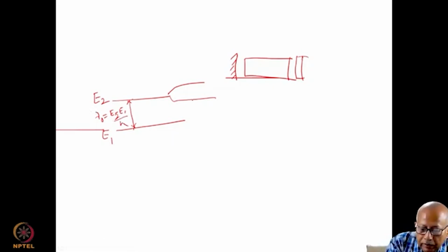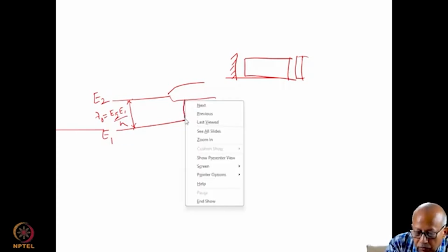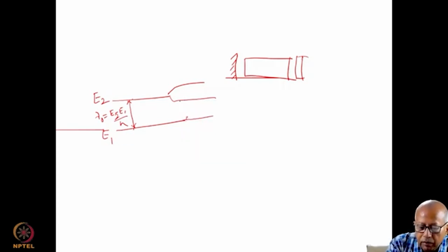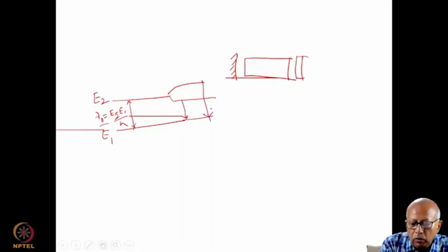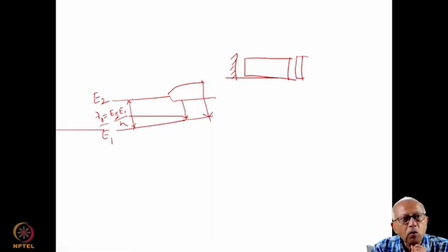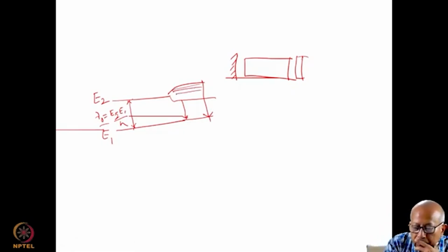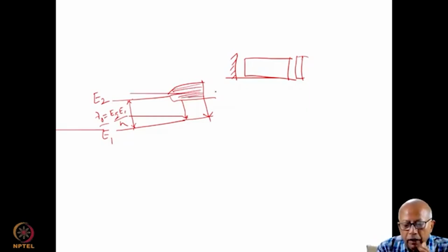However, there would be a transition from this point to the lower energy level whose frequency will be less than this, and the transition from this point to the lower energy level will have a frequency which will be more than this. And the transitions which originate from intermediate points will have frequencies ranging between these two frequencies.